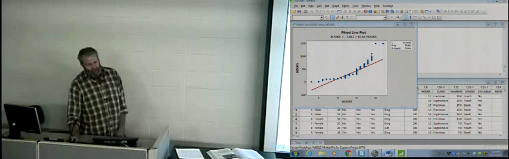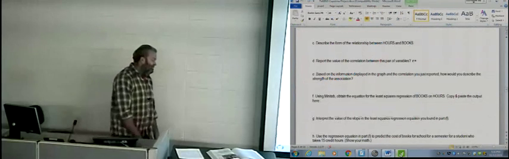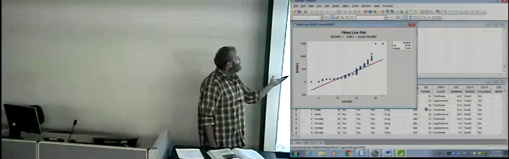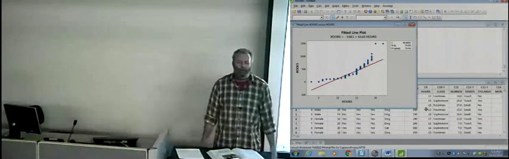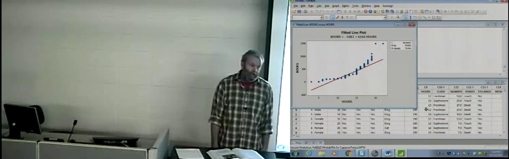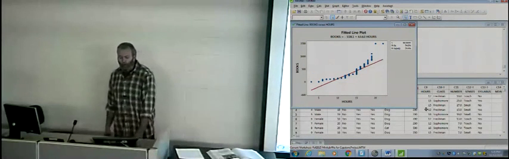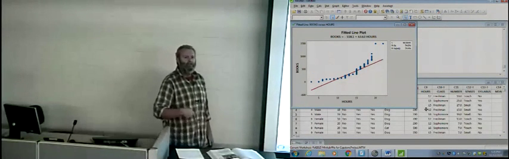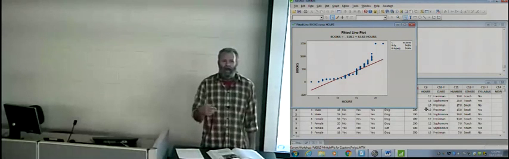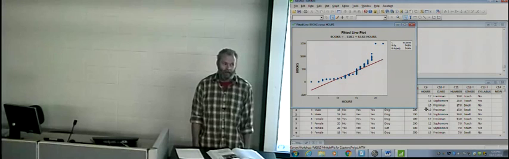Then it says interpret the value of the slope. Let me ask you this. Which one of those numbers is the slope? The minus 518.1 or the 63.63? It's the 63.63, right? And what's the slope always tell us? What do we always think about? Well, if you increase the number of credit hours by 1, how much more are you expecting to pay? $63.63 on average, correct?